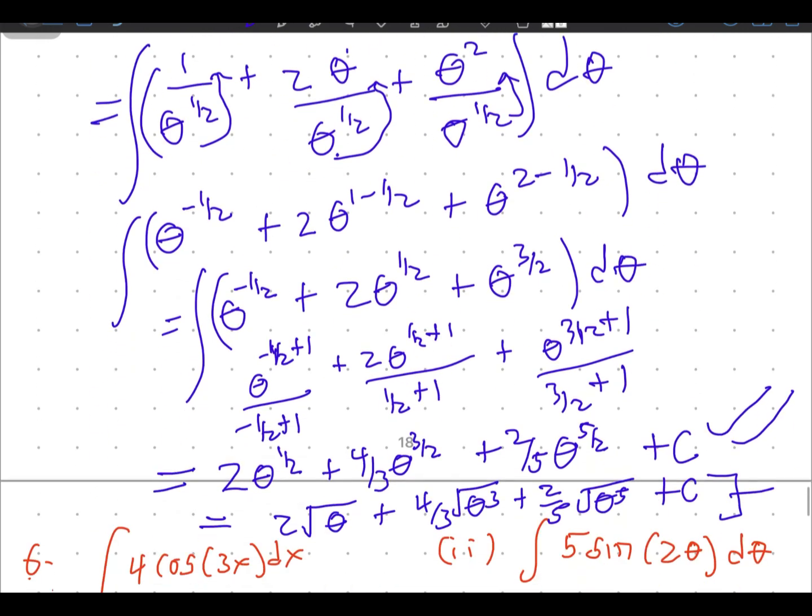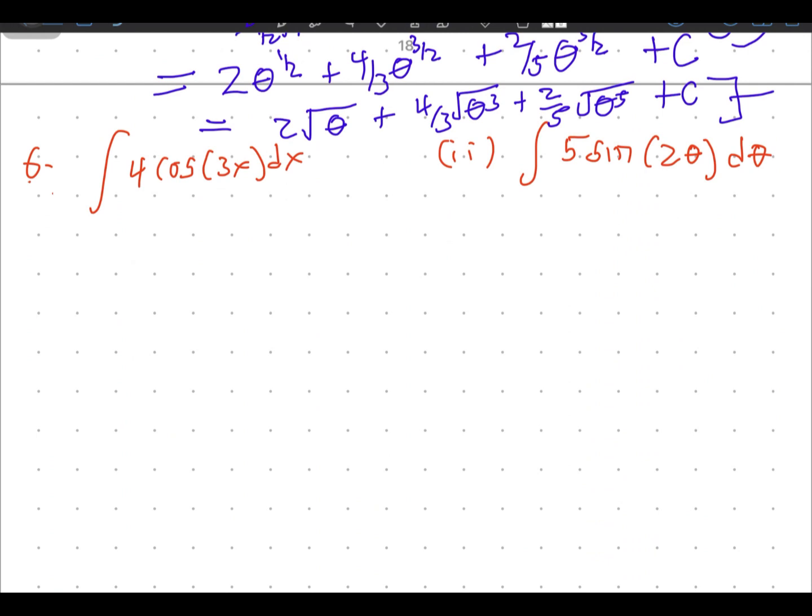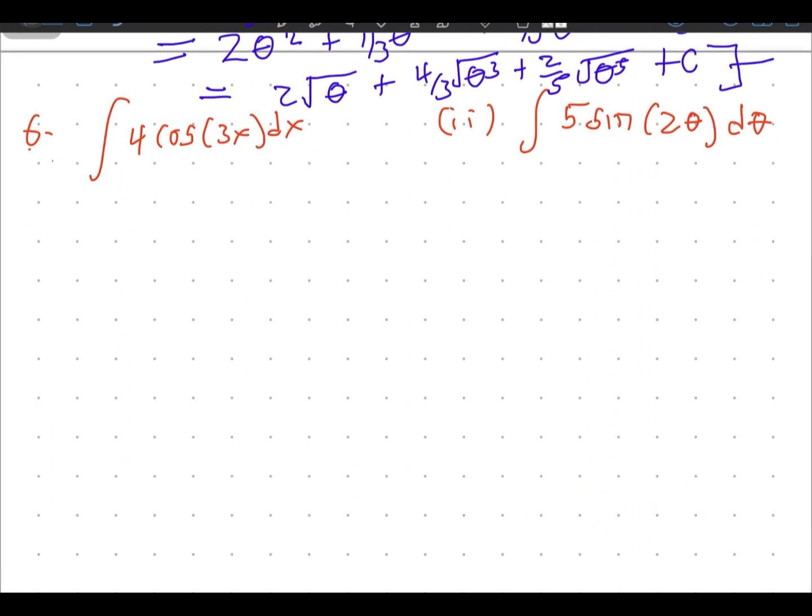Yes. So let's move to the next question, and the next question we have 4 cos 3x dx, and we have the other one 5 sine 2 theta d theta.